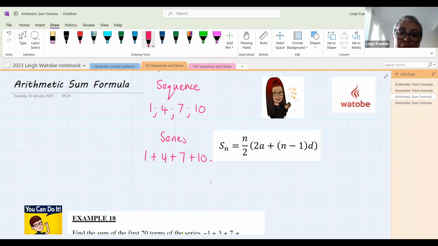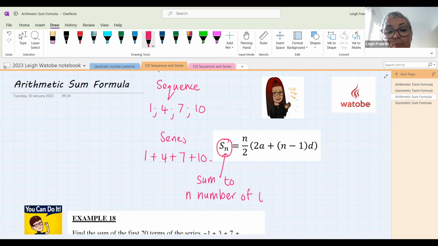So now we have Sn instead of Tn. Instead of term number, we have a sum to a certain number of terms. So Sn represents your sum, your addition to n number of terms.